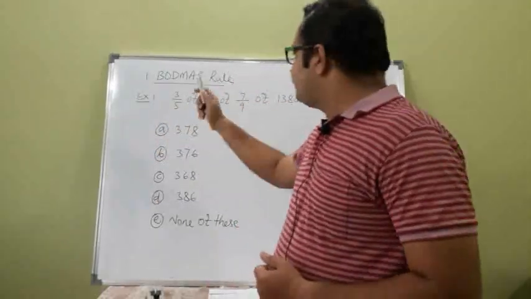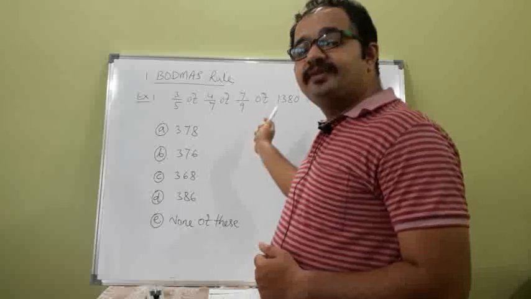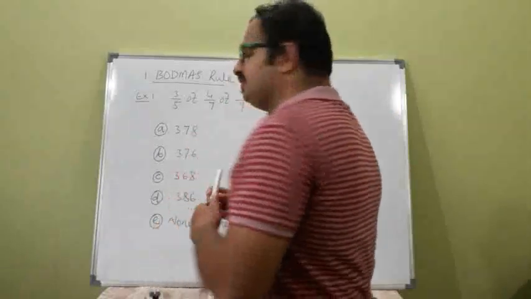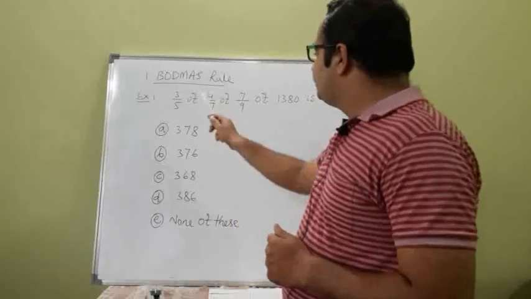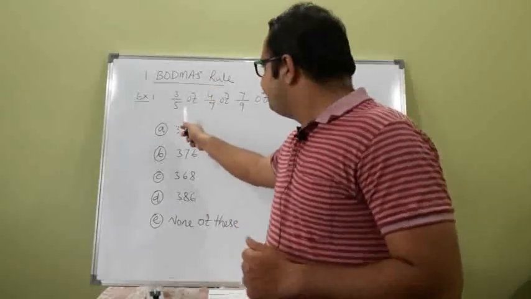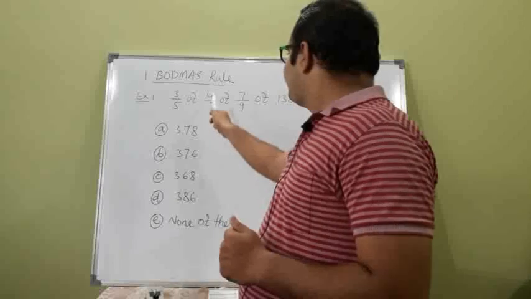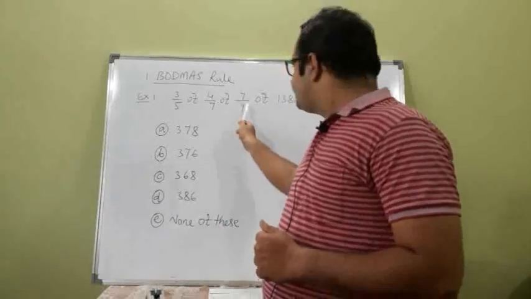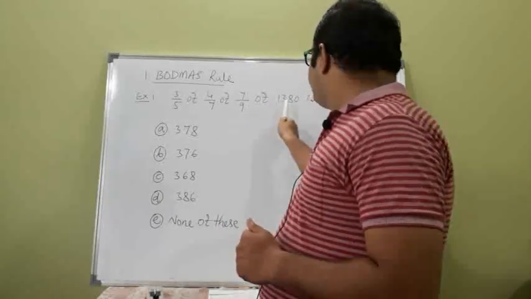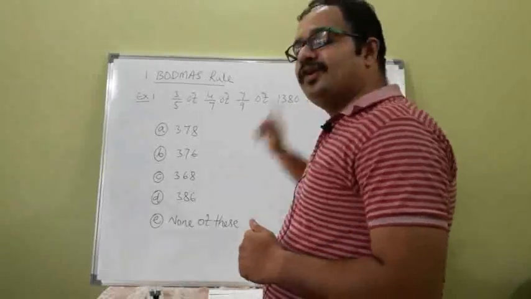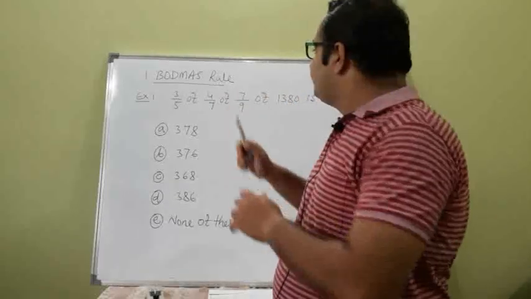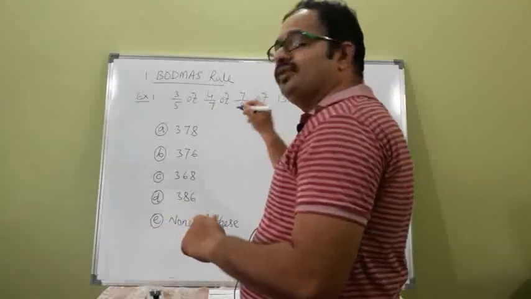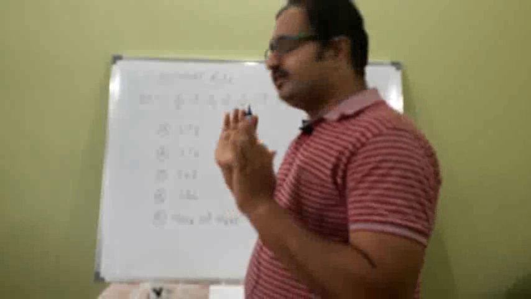Let us consider the first example from the BODMAS rule. I already told what BODMAS is. Let's consider this problem: 3 by 5 of 4 by 7 of 7 by 9 of 1380 is how much? See, first observe one thing: of means into, or multiplication.